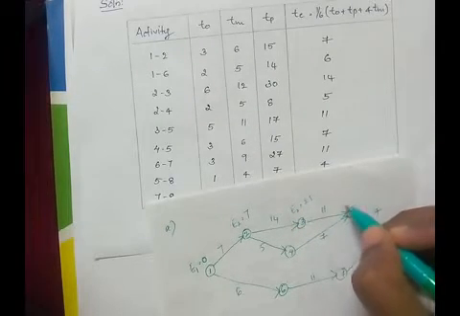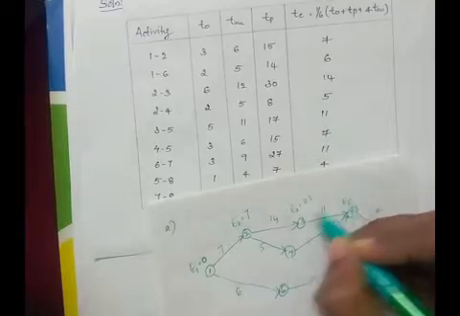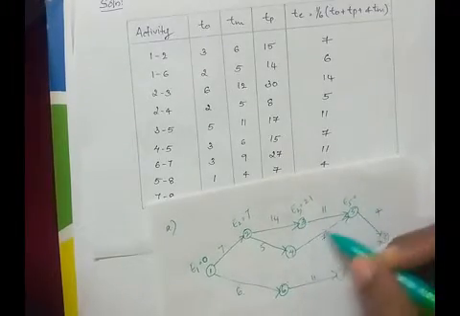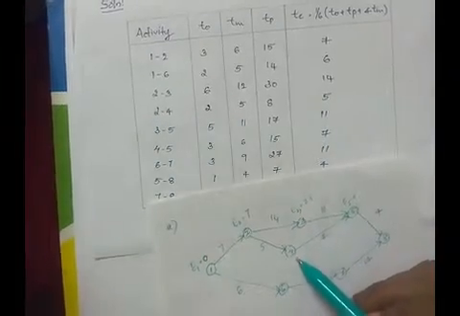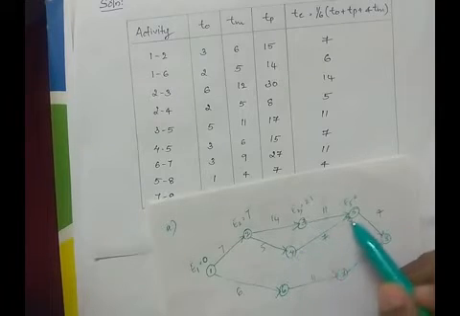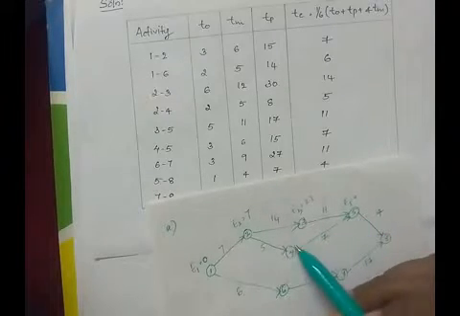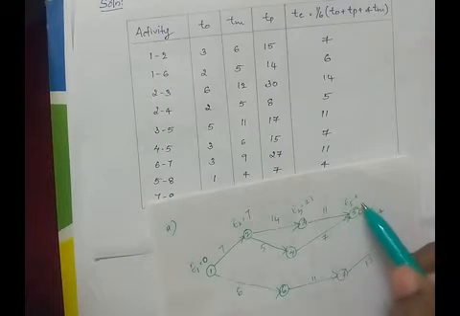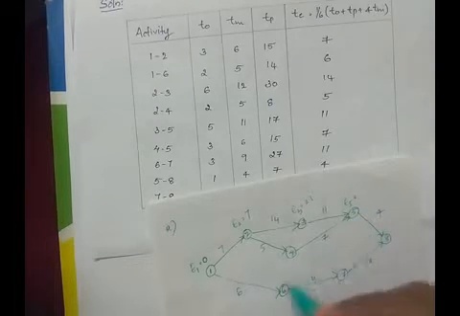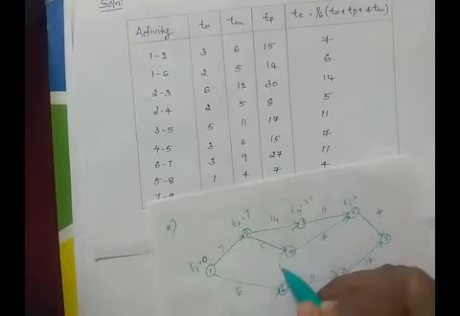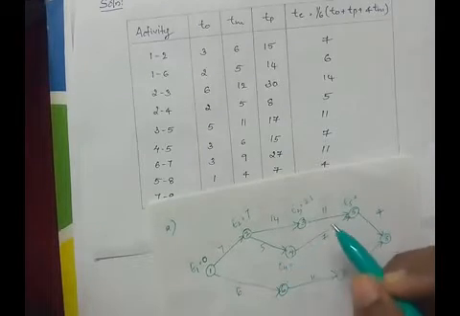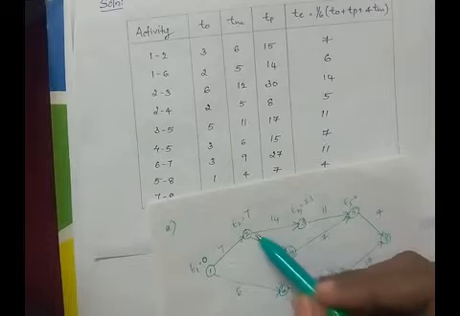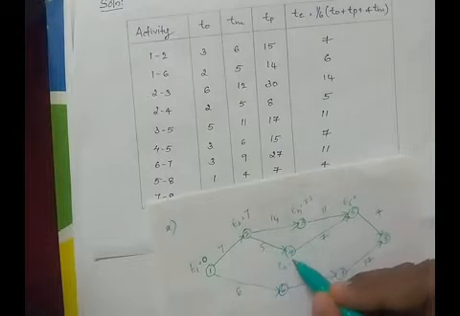To get the E value of 5, we need to find the E value of 4 also. Since two activities are ending at 5, we have to find the E values from both paths and take the maximum of both values. So before finding E5, we will find E4. For E4 we get 7 plus 5, which is 12.